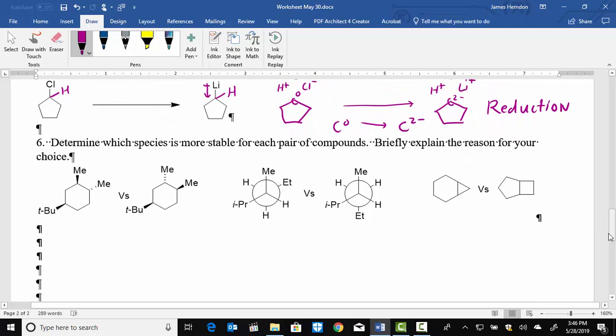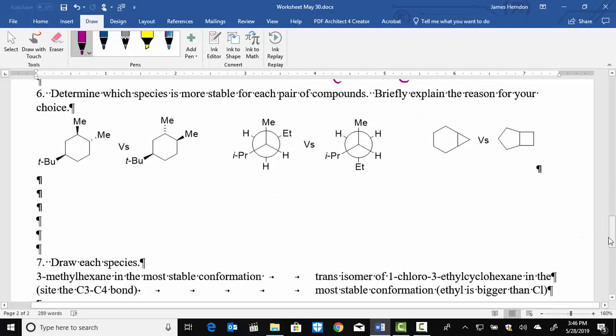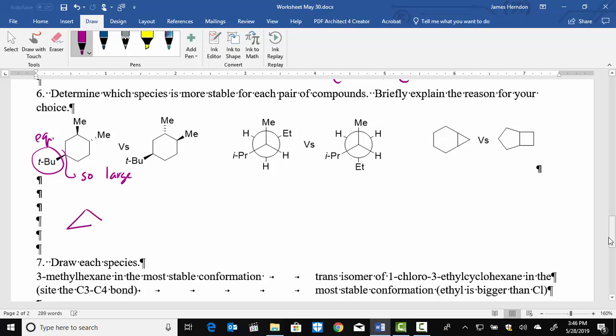Okay, all right, so let's look at these two. We want to determine what these two species look like in 3 dimensions. Let's assume that T-butyl is always going to be equatorial because it's so large. So if we had to draw that, put T-butyl there, nothing on this carbon. This methyl is up.